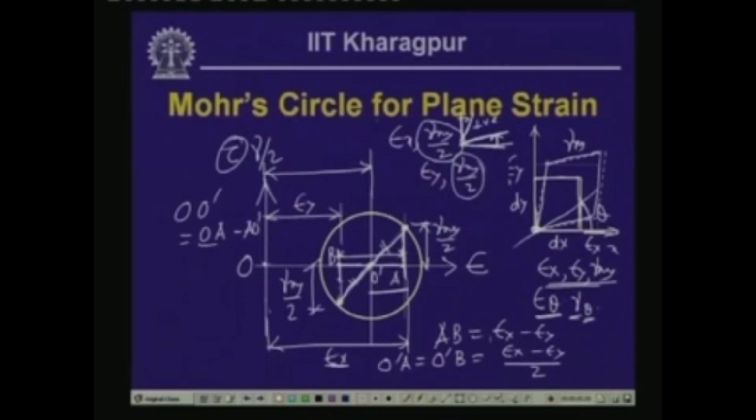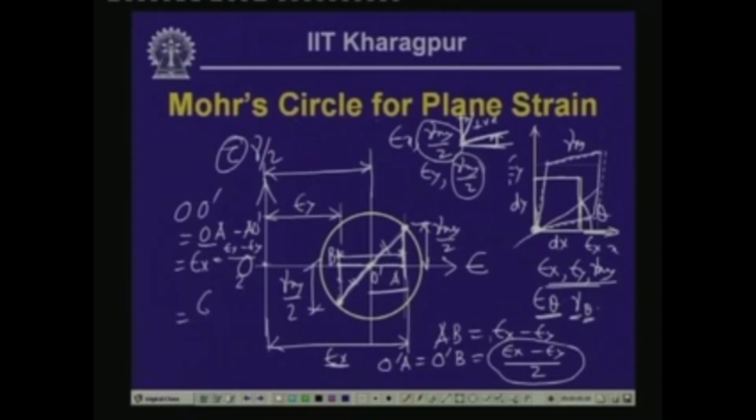Now, O A is epsilon x, so this is epsilon x minus A O dash, which is epsilon x minus epsilon x minus epsilon y by 2.